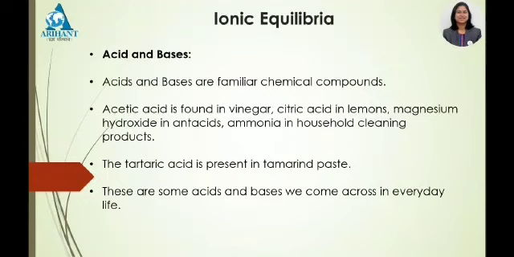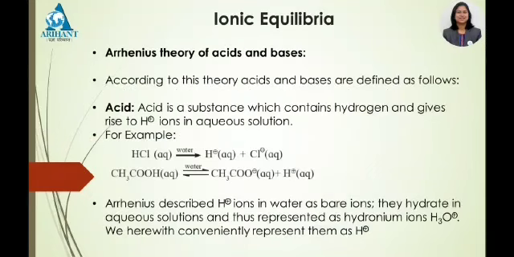These are some acids and bases we come across in our day-to-day life. So now we are going to study the definition of acids and bases given by the Arrhenius theory. According to this theory, acids and bases are defined as follows.